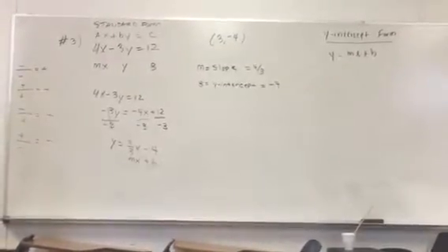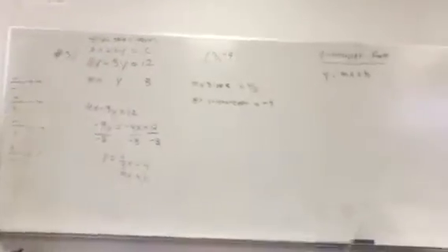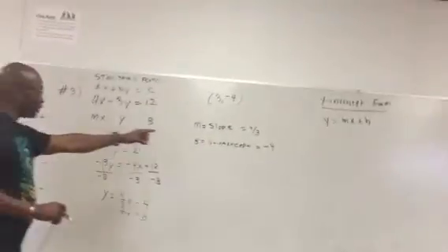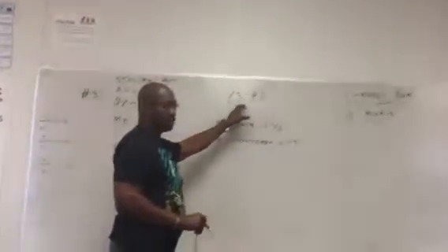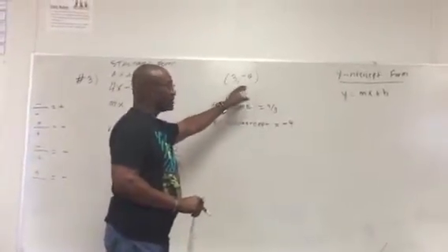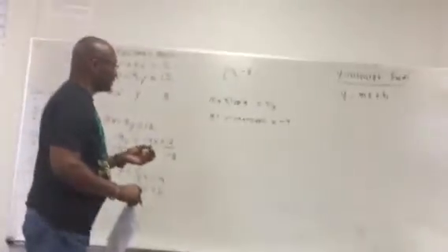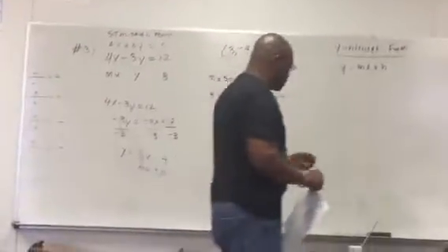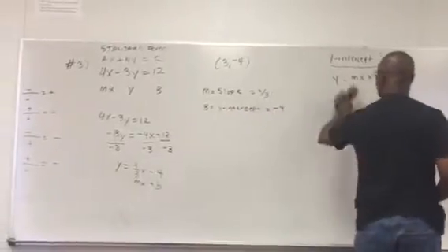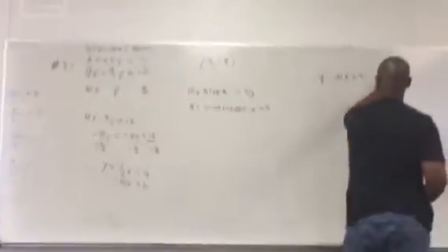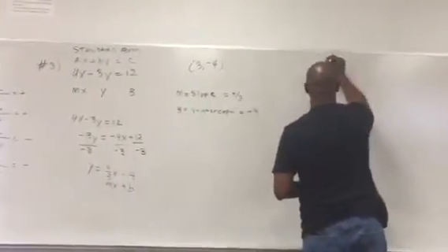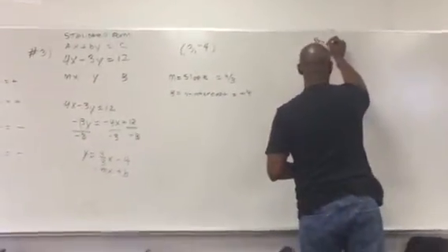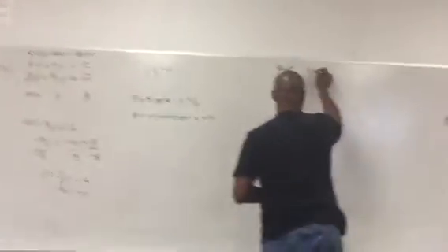Okay, but now what I have to do is find another line that has the same slope as this one, but contains this point right here. So I have to use what they call the point-slope form, because I have a point and I have the slope.